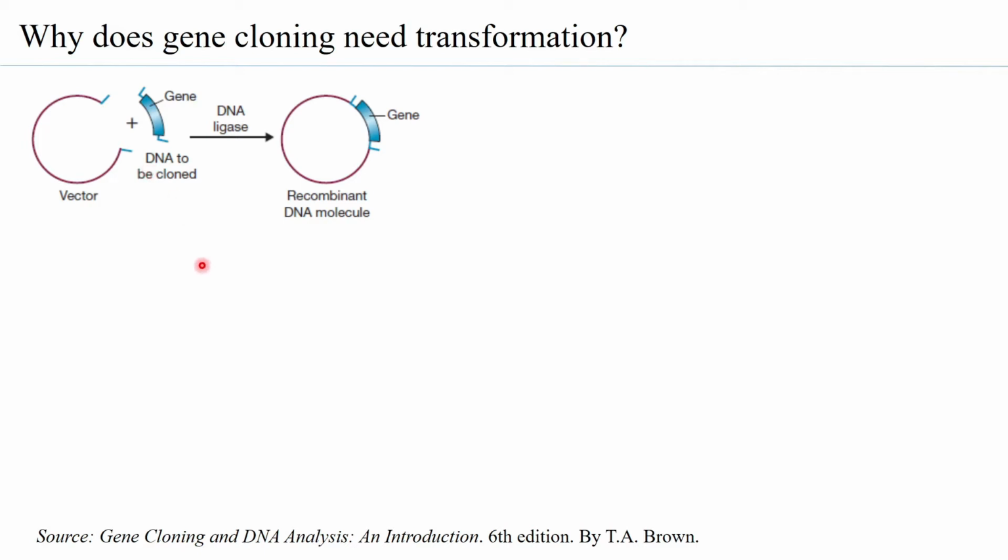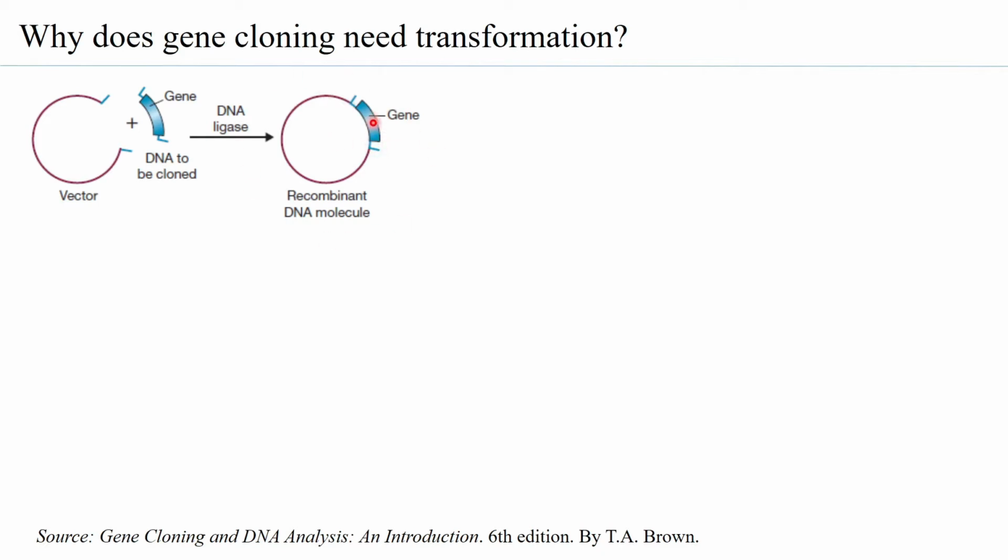That is one point. The other point is that sometimes the vector can ligate back again without the gene getting inserted. In such a situation, it is called a self-ligated vector. So once you have the cutting and ligating happening, it gives rise to a recombinant DNA molecule, but this recombinant DNA molecule may or may not have the gene of interest.